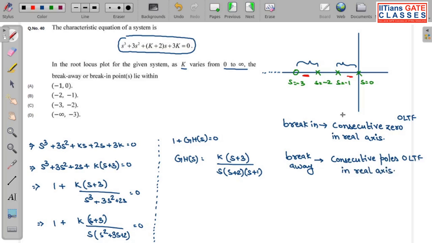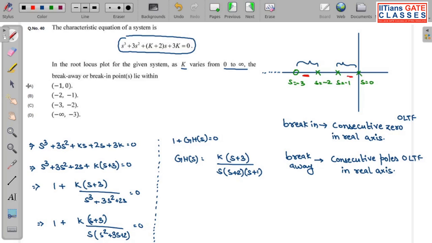So you can see only one such condition exists, and that is between 0 and -1. So I can say there is a breakaway point in between 0 and -1.